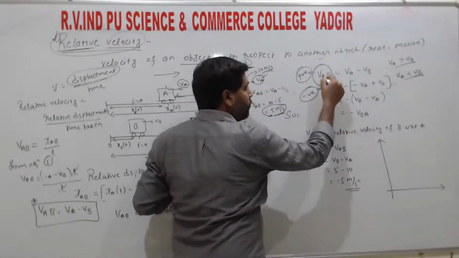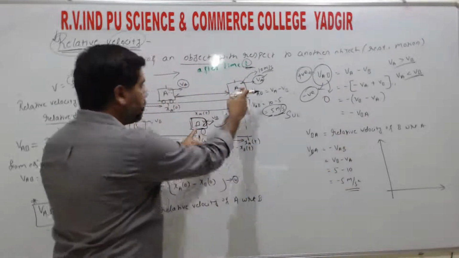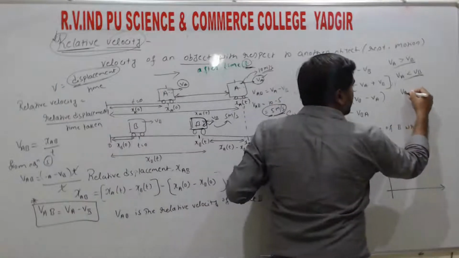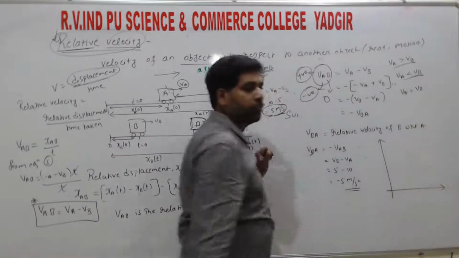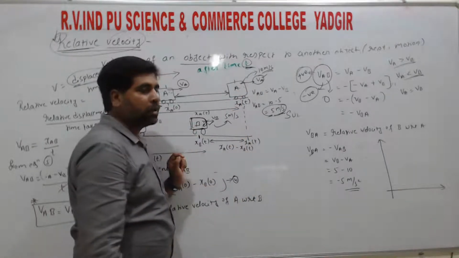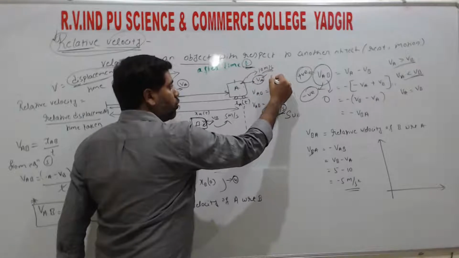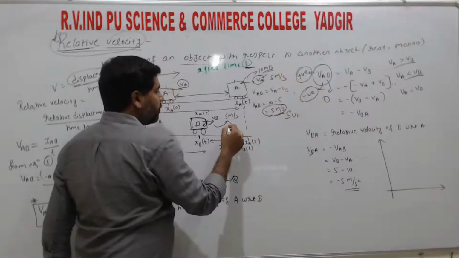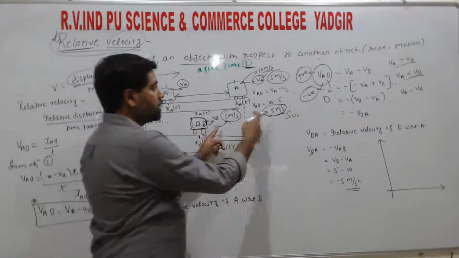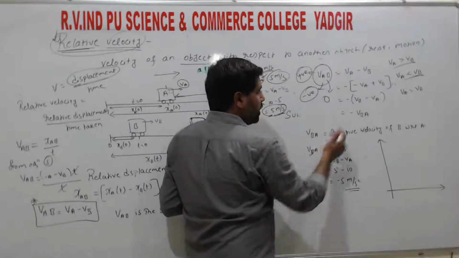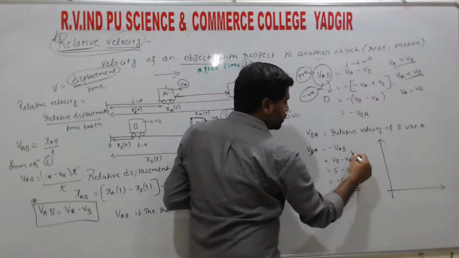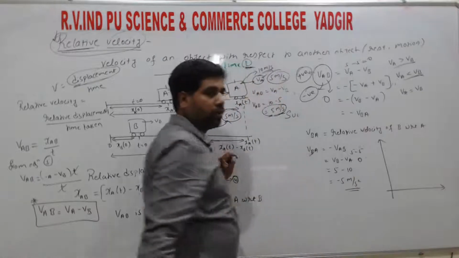One more case: if VAB is 0, that means the relative velocity of these two objects is 0, so VA equals VB. That means these two are moving with the same velocity. If object A is moving at 5 meters per second, the other object is also moving at 5 meters per second. If we substitute these values in VAB or VBA, we get 5 minus 5, which is 0.